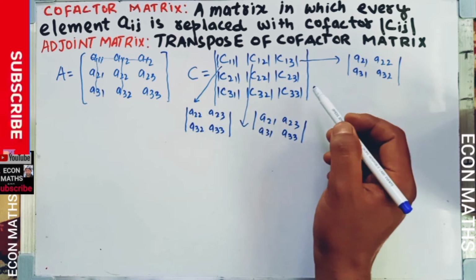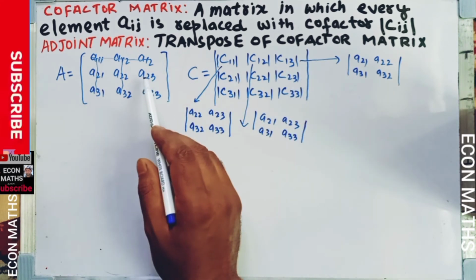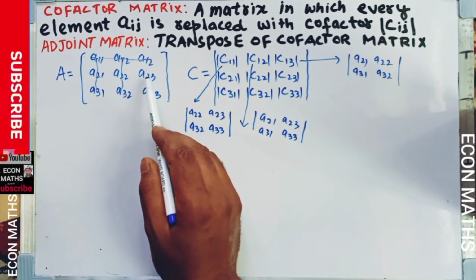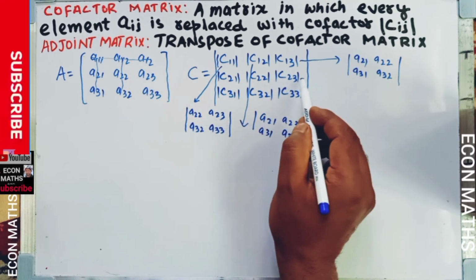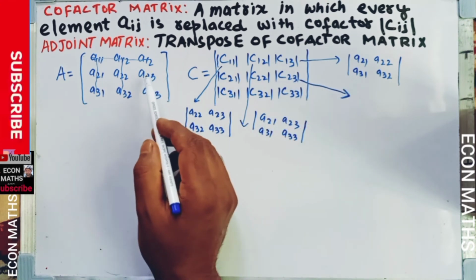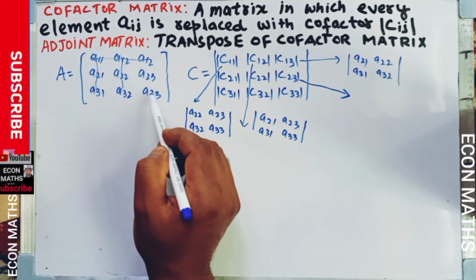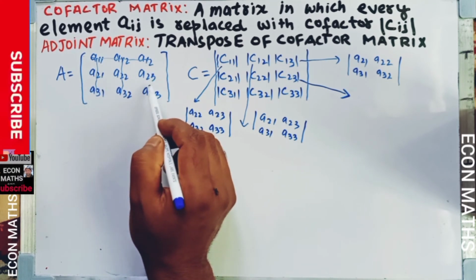Let me take another random cofactor. If it is the element A23, we have to replace it with the cofactor, that is C23. Here we will delete this row and the column in which it appears. Now we form the matrix of the remaining elements.